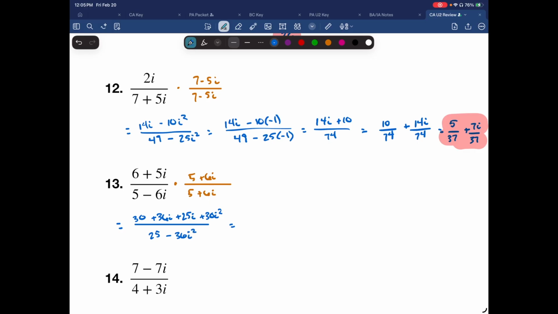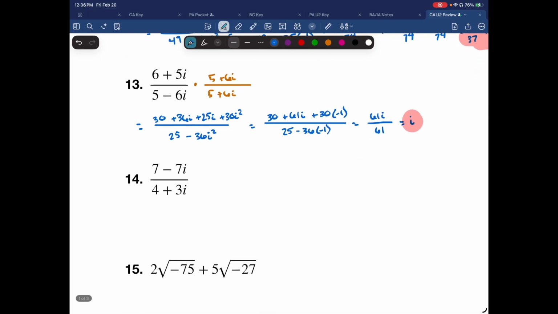We have 30 plus 61i plus 30 times negative 1 over 25 minus 36 times negative 1. Okay, so 30 minus 30 is going to be just 61i on top, and then on the bottom you got 25 plus 36. That's going to give you 61 again. So the 61s will cancel, and my answer is just going to be i.